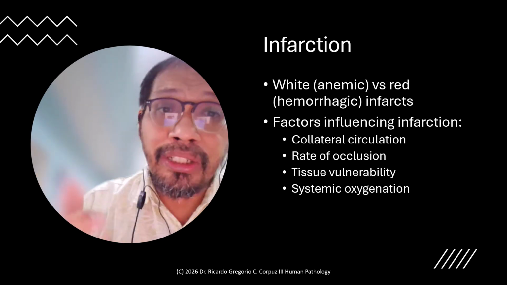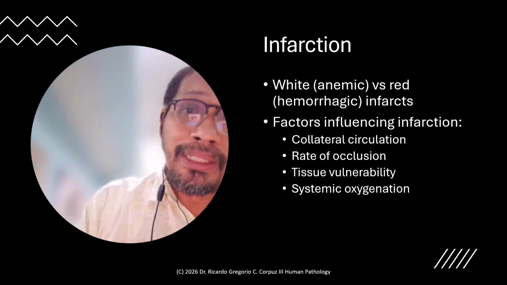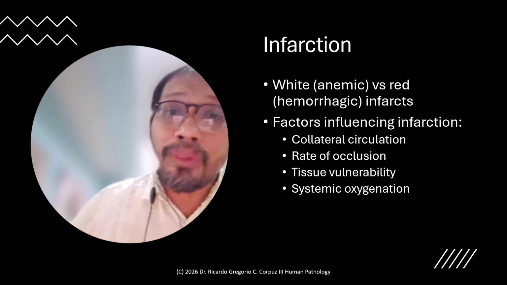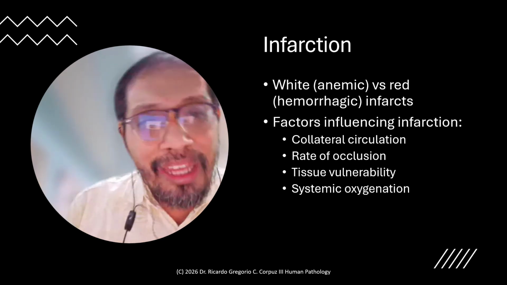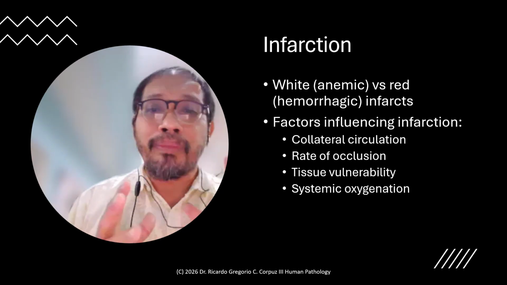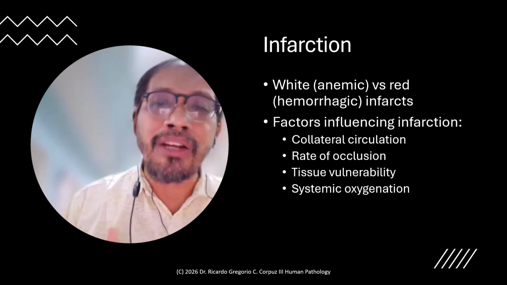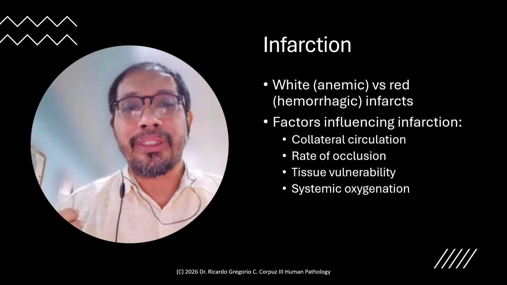So morphology: there is a wedge-shaped infarct with apex at the occluded vessel, coagulative necrosis in most tissue, liquefactive necrosis in the brain, acute inflammation at margins in 1 to 2 days, and then healing, with scar formation, except for the brain.